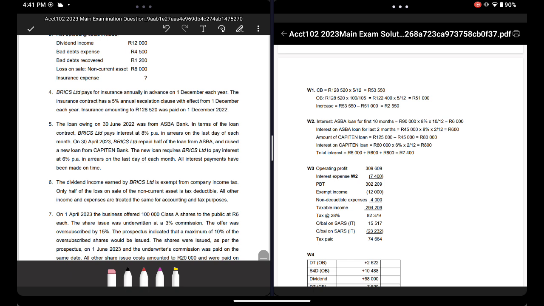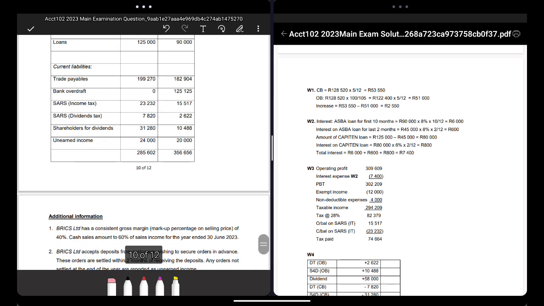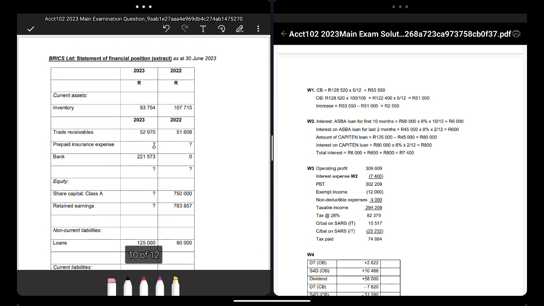So times 5 over 12, because 5 over 12 is going to be the prepaid of the next year, and you get 51,000. That is going to be the opening balance. So the opening balance is 51,000 and the closing balance is 53,550.